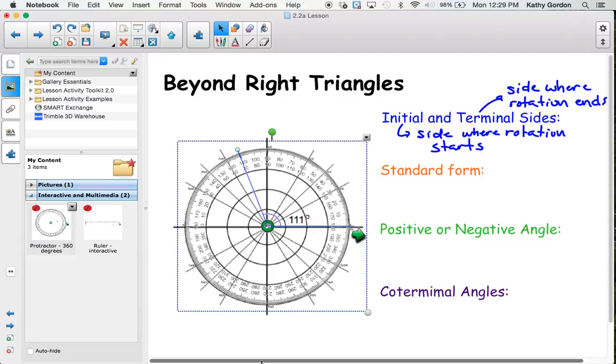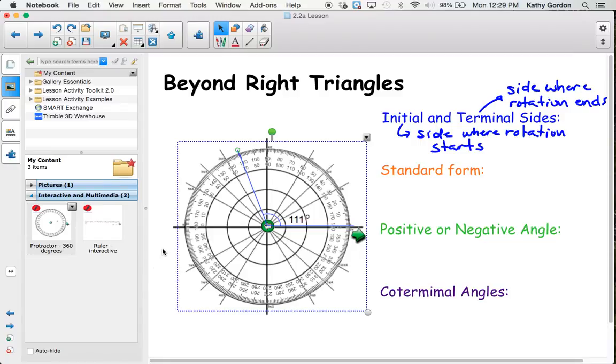My initial side kept a ray there. And then as I rotated it, where my other side ended up becomes my terminal side. And then how much that rotated through, that's the angle that I've created. So in this case, I've created a 111-degree angle. Okay, but it's as a result of rotating rather than a result of making a triangle. That make sense? Okay.